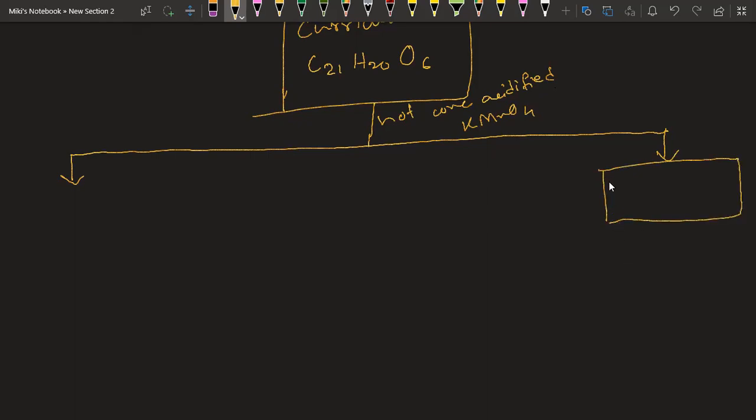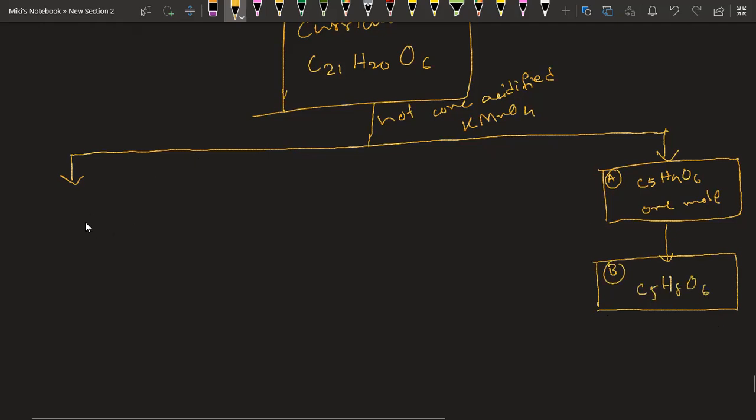This is, let's say, A. This A is given as C5H4O6, and they say this is 1 mole being formed. And here we have, let's say, this is compound B, which is C5H8O6.